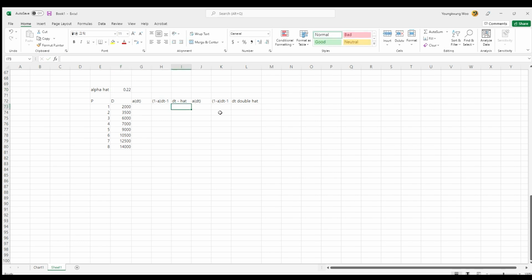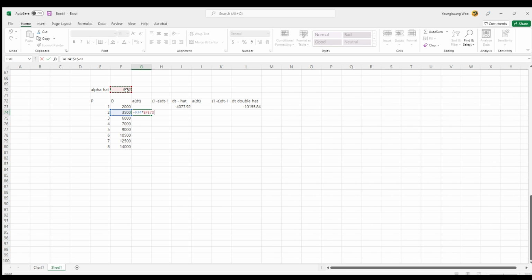Initial value we calculate is negative 92, and for double hat, alpha dt is simply actual demand times the alpha.